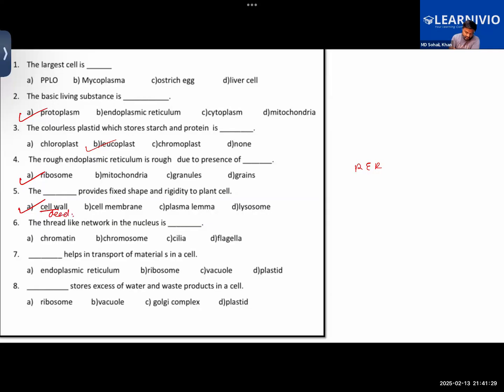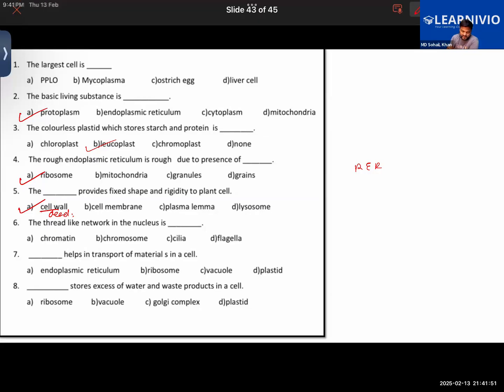Next, Vaiga, what's the answer for the sixth question? Yes, Ramesh. Is it flagella?